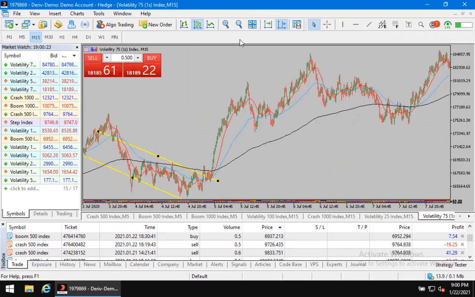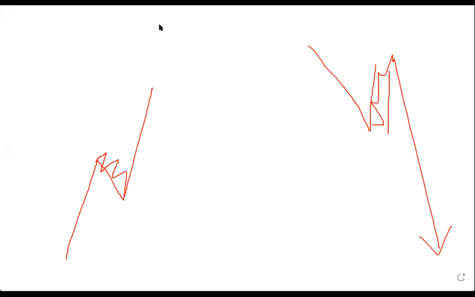Now we know what a flag is, we know what a trend is, we know what support is, we know what resistance is, we know what a head and shoulders pattern is. Right, let me repeat again this one, so that we don't end up getting confused.